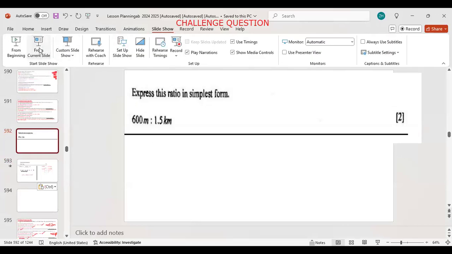What we're going to do is take the kilometers and convert it into meters. Y'all understand what I'm saying? It's just like the dollar and the cents.